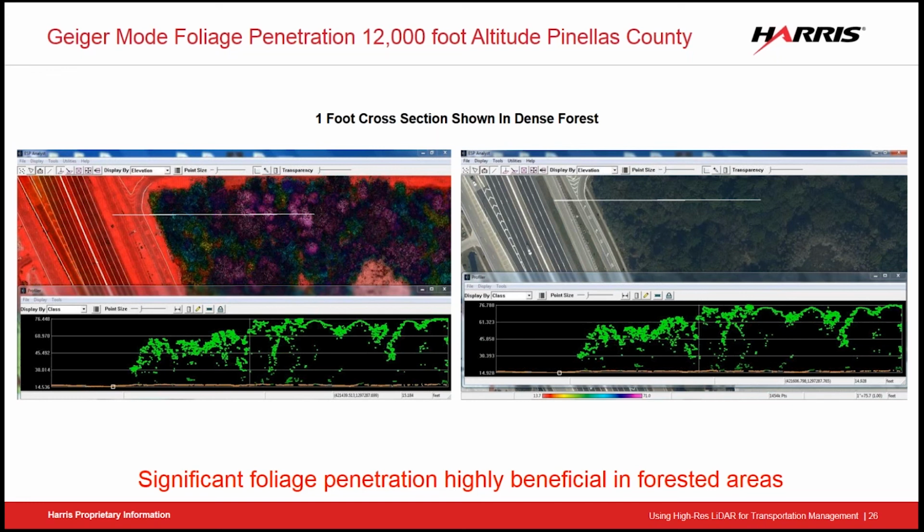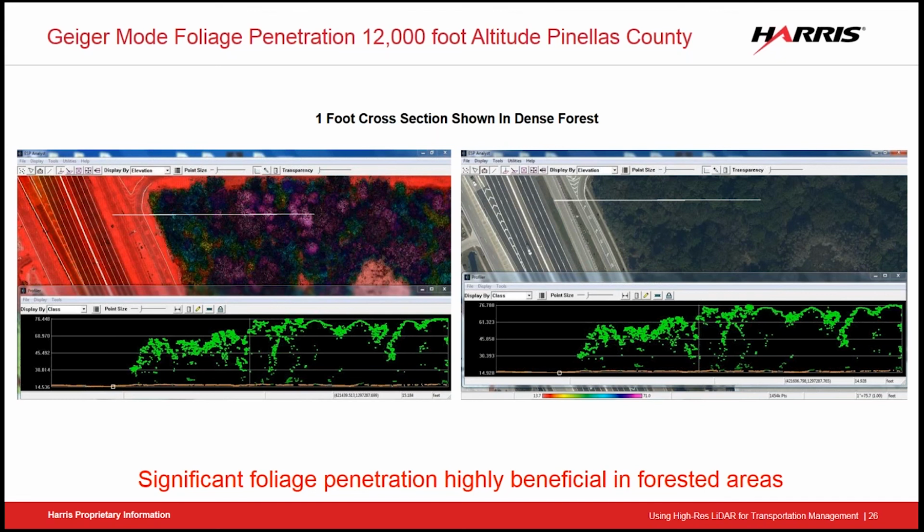But being able to see that is very important. It helps with planning, it helps with permitting, helps with the right-of-way, etc. So you're really able to see. Also, we're finding that some of those assets on the side of the road, like culverts, for example, are easier to identify when you're able to actually get through the foliage.